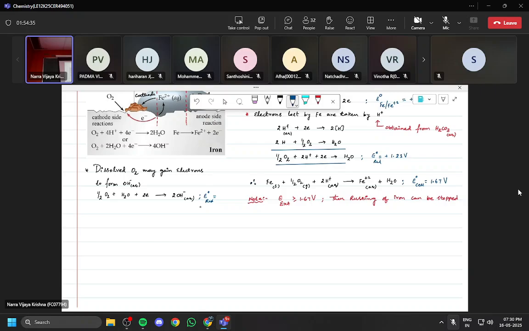So I'm taking this one, sir. Copper plus 2 to copper plus 1, that is plus 0.52. Here, copper plus 2 to copper, that is plus 0.34. Right?